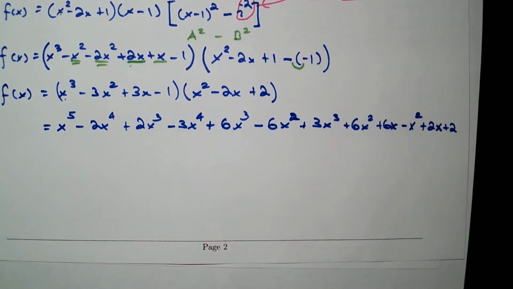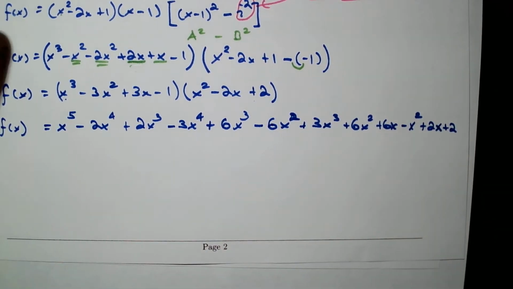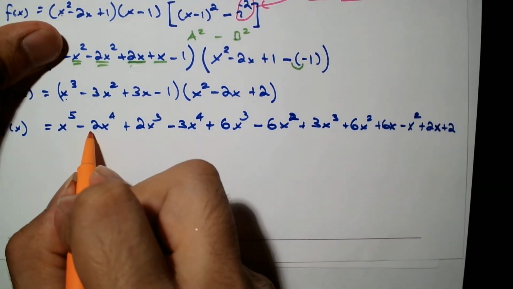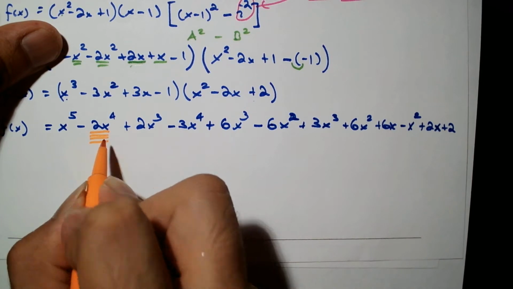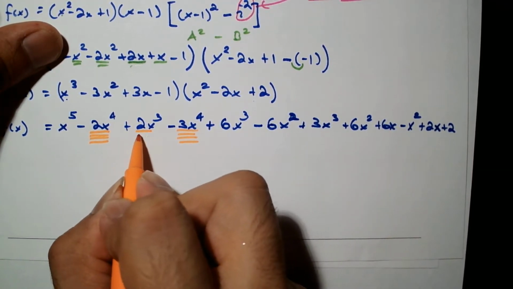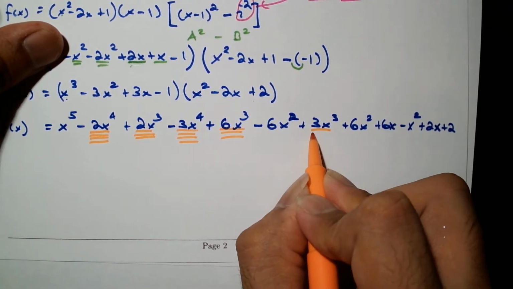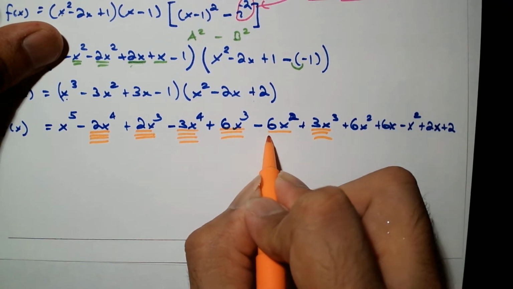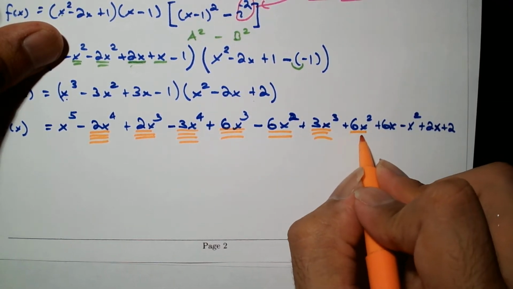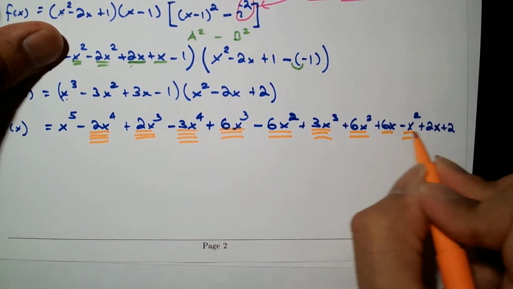Okay, so now it's time to combine like terms over here. I'm going to use the same technique of bookkeeping all terms, so I'm going to use a different color. I'm going to have 4 bars for 4th powers, 3 bars for cubes, 2 bars for quadratics and 1 bar for linears.